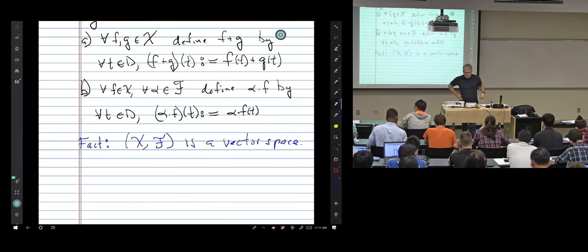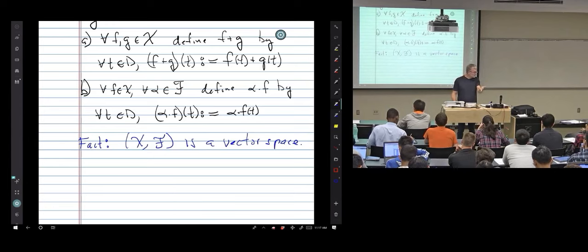Okay? So, real numbers are vectors, complex numbers are vectors, rational numbers are vectors. Okay? Cool. 2 by 3 matrices are vectors, and functions are vectors.